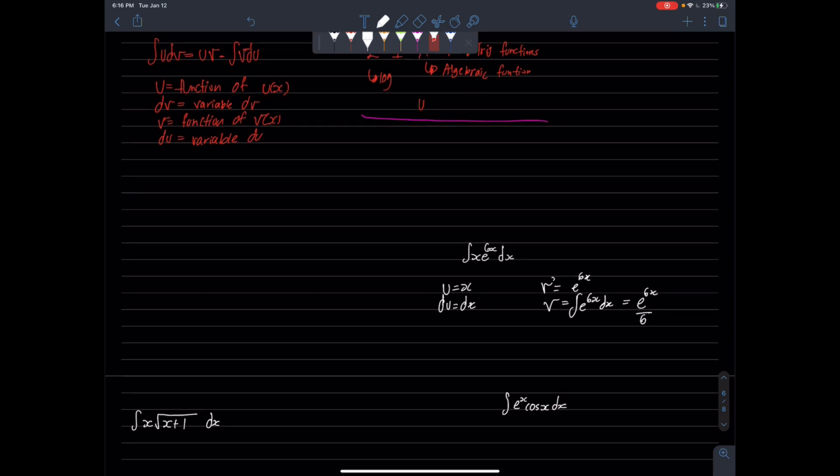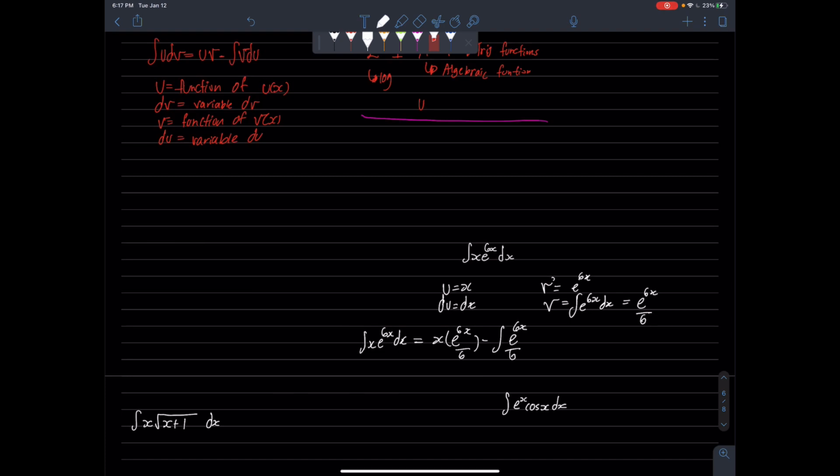u, right, x, times v, e to the 6x over 6, minus the integral of v du, e to the 6x over 6.